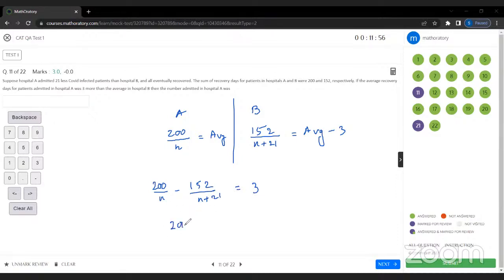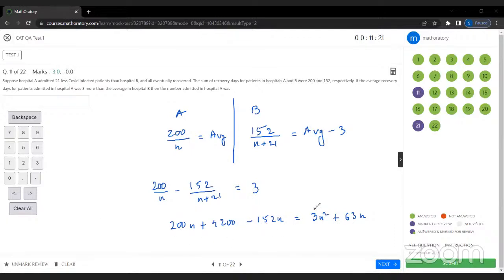So 200n plus 200 into 21, 4200, minus 152n. अब ये होगा 3 into (n plus 21), so 3n squared plus 3 into n into 21, so 63n. अगर ये तुम लोग विजुअलाइज नहीं कर पाते तो राइट दैट स्टेप, मेरे से हो जाता है n into n plus 21 into 3. तो कैंसिलेशन देखता हूँ.